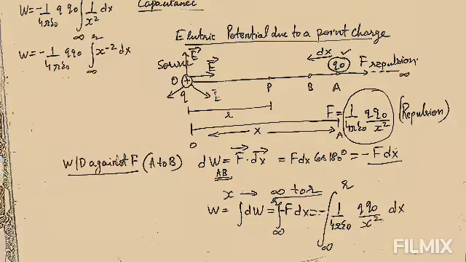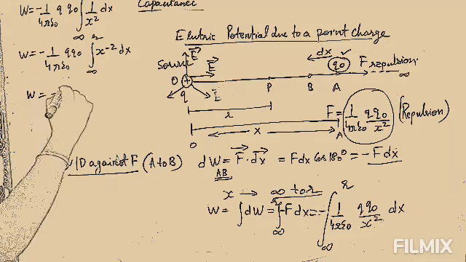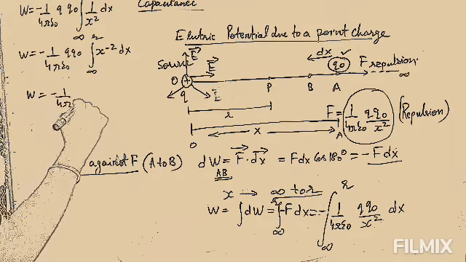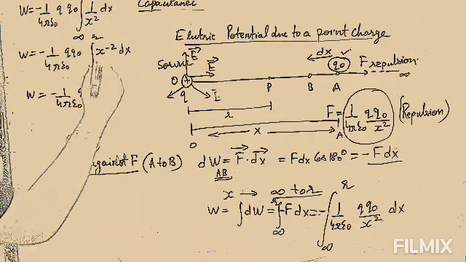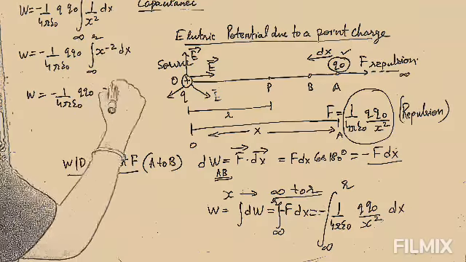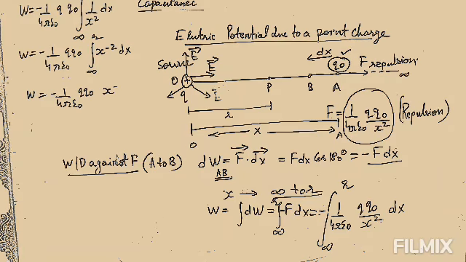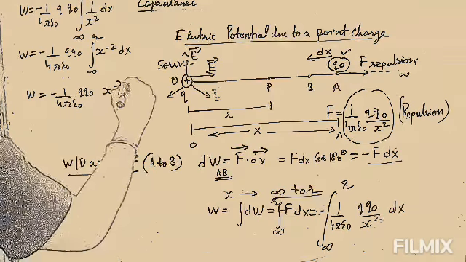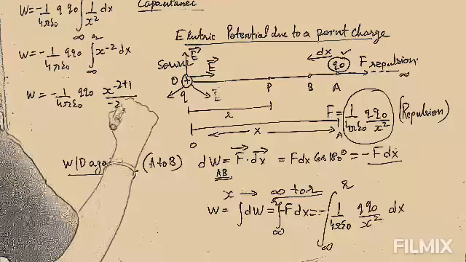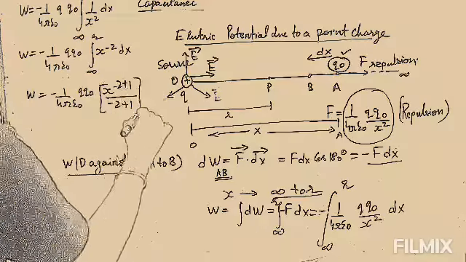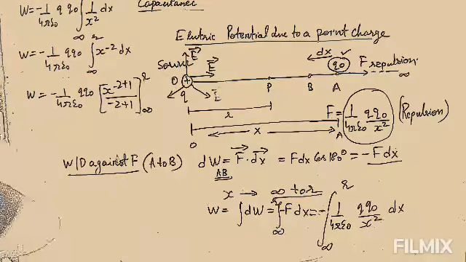So here we will be applying the formula of integration. Here it is x square in the denominator, so according to the integration, minus 2 plus 1, and limits are infinity to r.